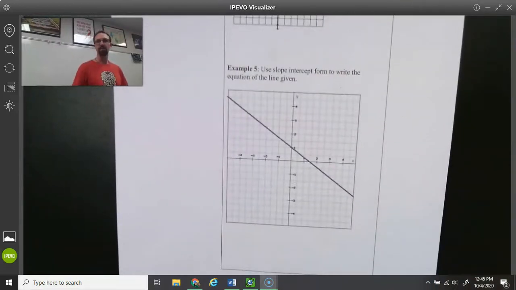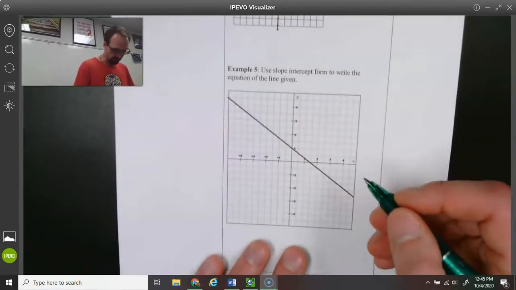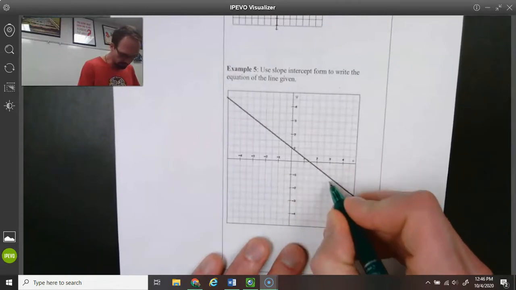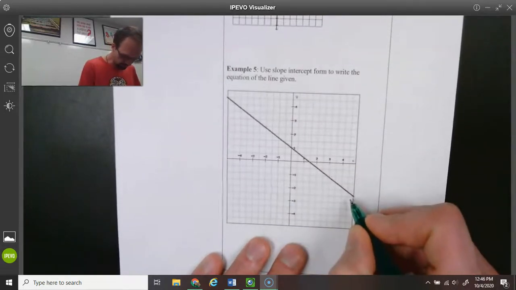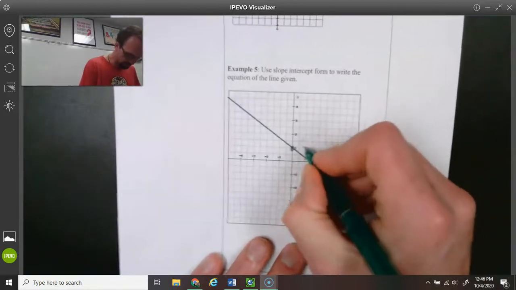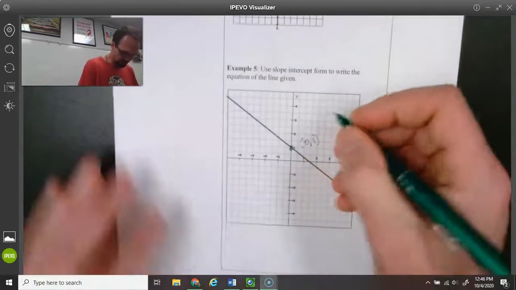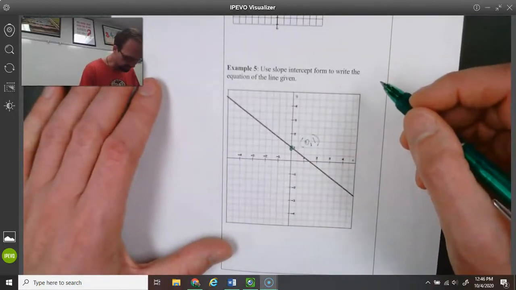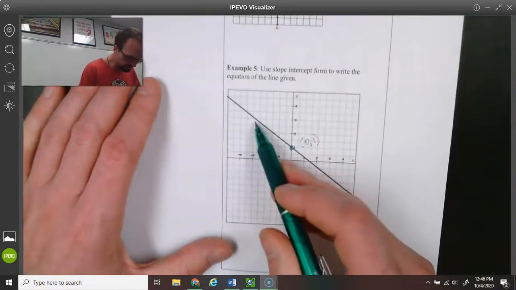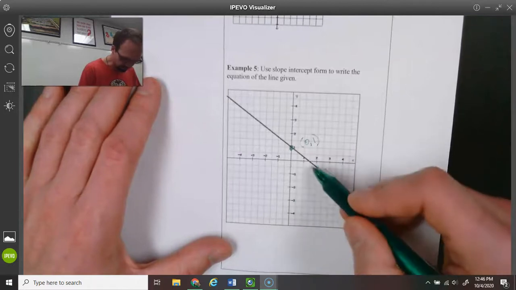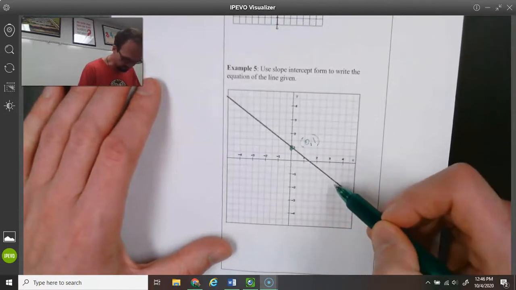Example 5: use the slope-intercept form to write the equation of the line given. So here, we actually need to find out where some points are. I can use this point here. Oh, nope, that's not a good point to use. Here's a good point. That looks to be (0, 1). Sorry, it's a little grainy on here. The others look like they're just a little bit off, so I'm trying to find one in a nice spot.